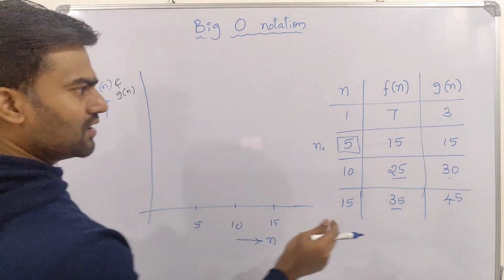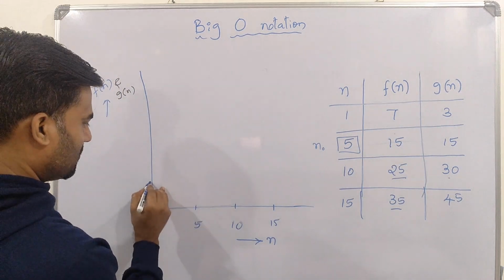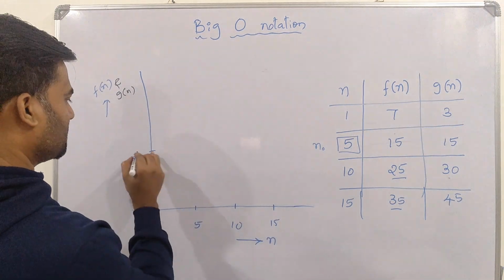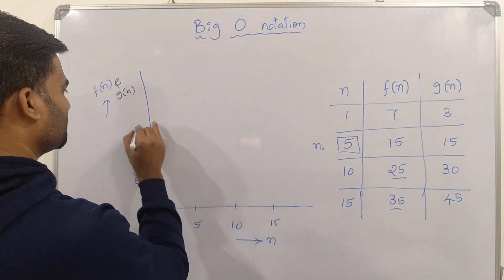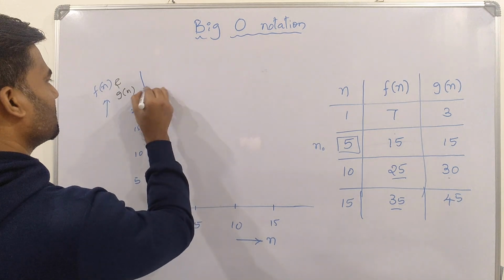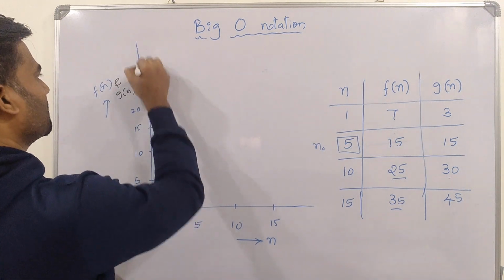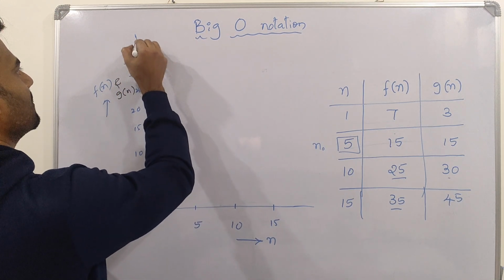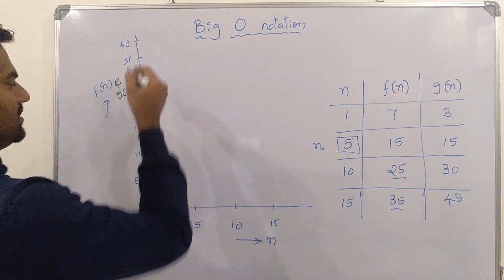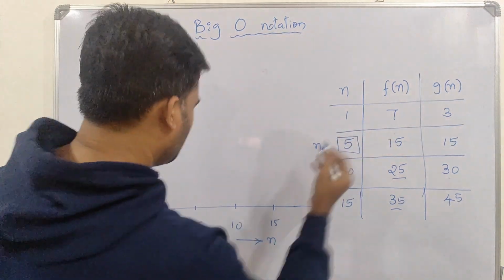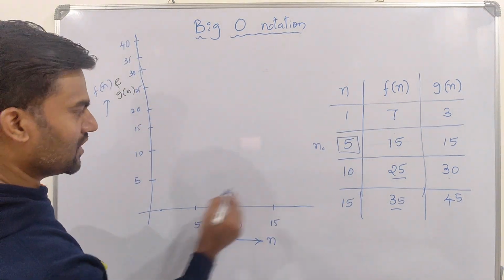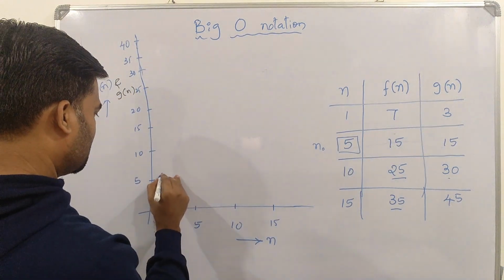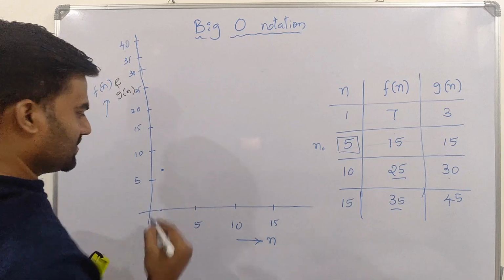Just to differentiate, on this axis this is 5, so we have the value 45. So this is 10, this is 15, this is 20, 25. I will make it a little bit smaller. This is 30, 35, maybe here it is 40. So when the value of n is 1, this value is somewhere here, 7.